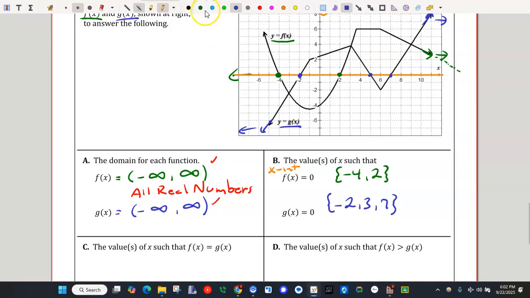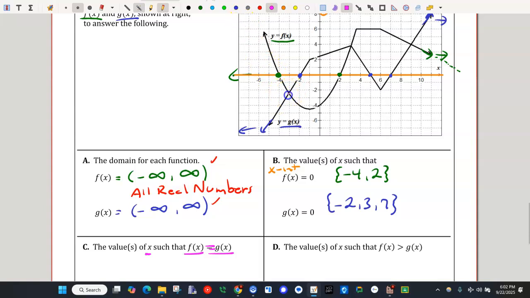All right, next, find the values of x such that f of x equals g of x. So when they're equal, that's graphically where they intersect with one another. Where they're equal is they're the same x and the same y. Now it says just give us the x values. So go back to our graphs and just locate where they intersect and how many there are.